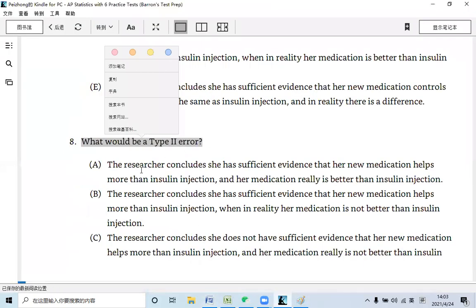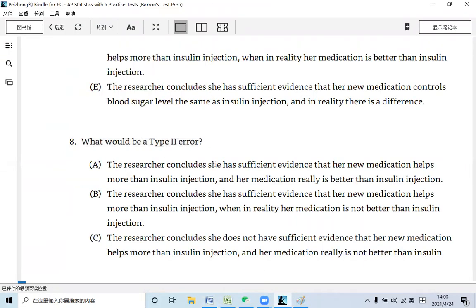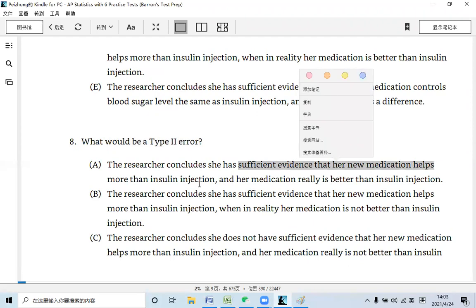Look at this one. Researcher concludes that she has sufficient evidence the new medication helps more than insulin. So this would be rejecting the null hypothesis. It cannot be type 2. Type 2 error would start with a statement that there's not sufficient evidence to show there's a difference. We don't choose A.